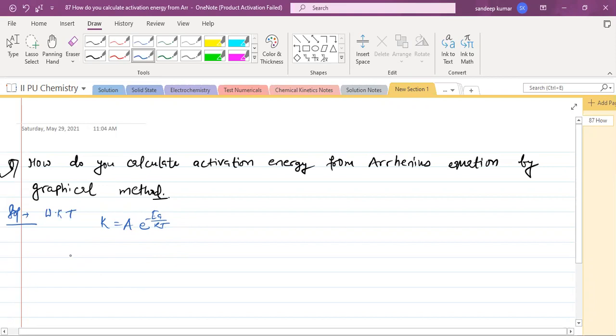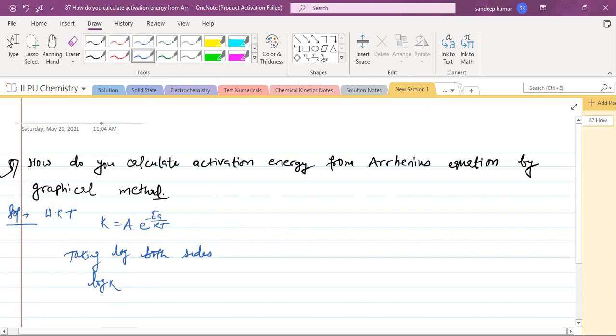Now, taking the natural log on both sides, we can write ln k. Here you can apply the log of M into N, so log of M plus log of N, right?